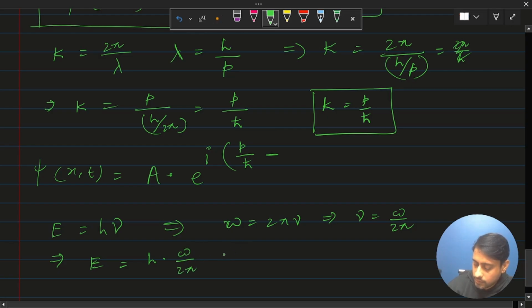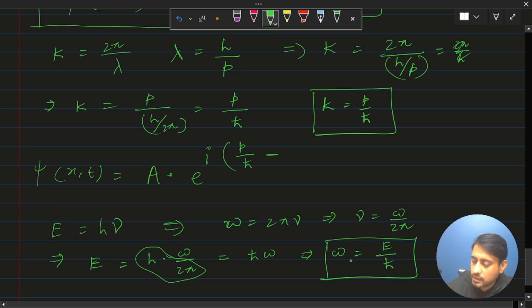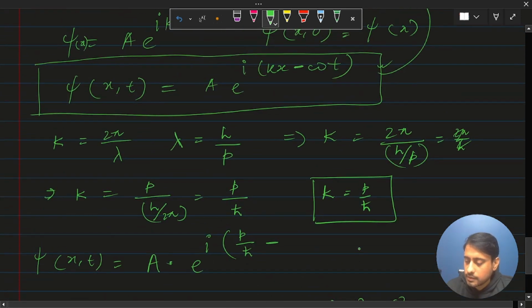This could be written as h over 2 pi, which is h bar, times omega. So we can write that omega is E over h bar, and this we can replace again here.